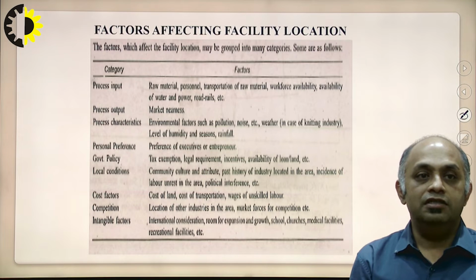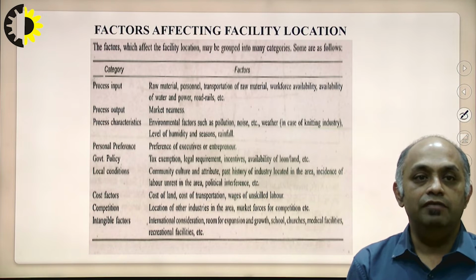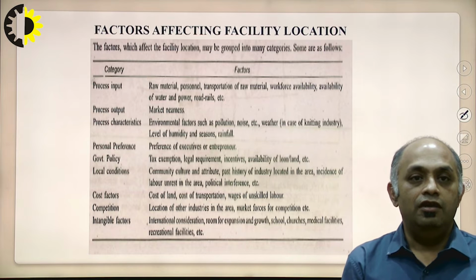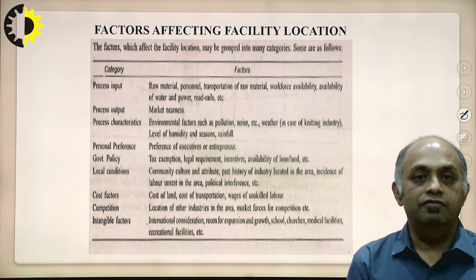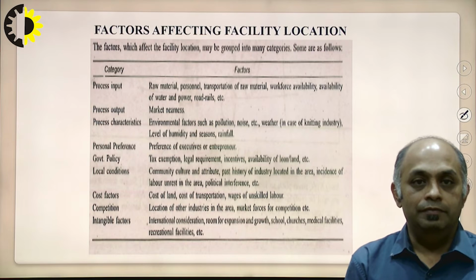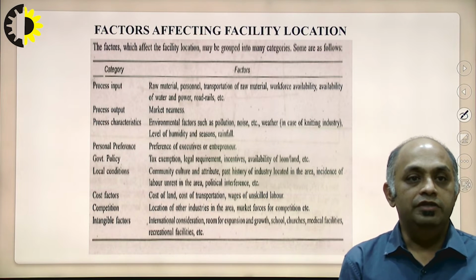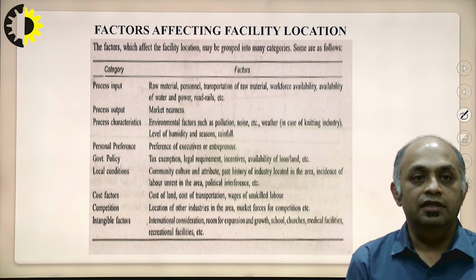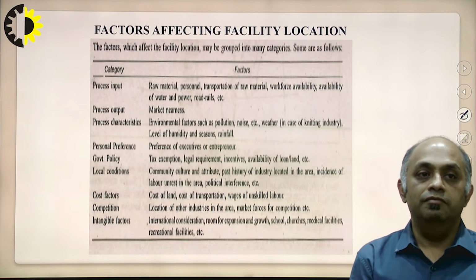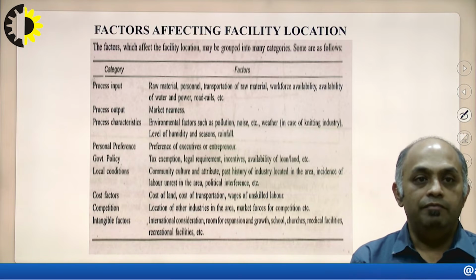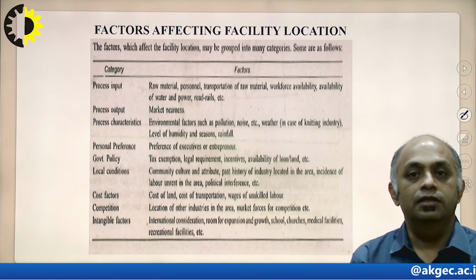Then the process characteristics, that is environmental factors such as pollution, noise, etc. Vendor, in case of the industries that we talk about, and then level of humidity and the seasons, rainfall and other things also play an important role, because through this the processes of the system can work out.